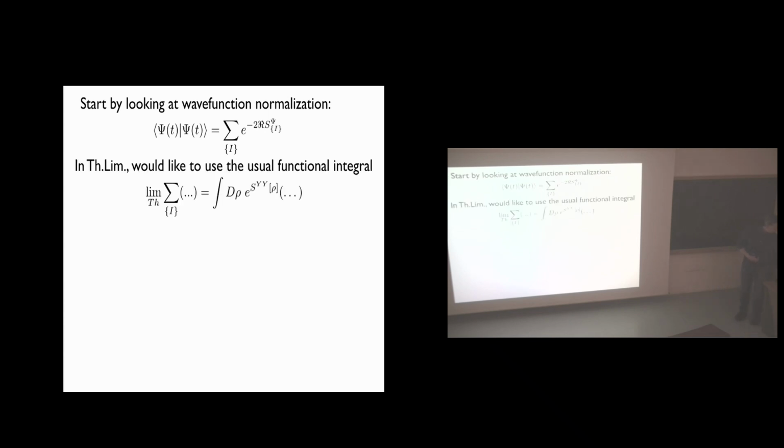Let's imagine now that I'm going to a thermodynamic limit where I replace this discrete sum over quantum number distributions into a functional integral over distributions of these quantum numbers. This is legit. I can do this. It's really a question of properly defining what I mean by these measures here, but I can codify that to all orders in 1 over L. No problem. And now I've got this kind of entropy appearing here.